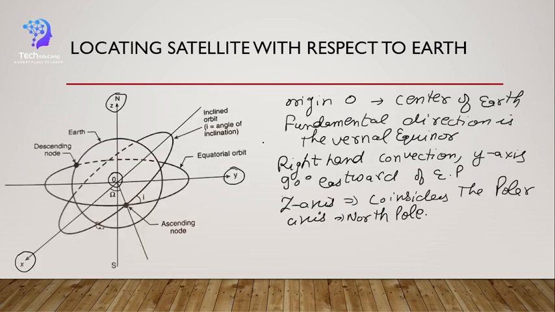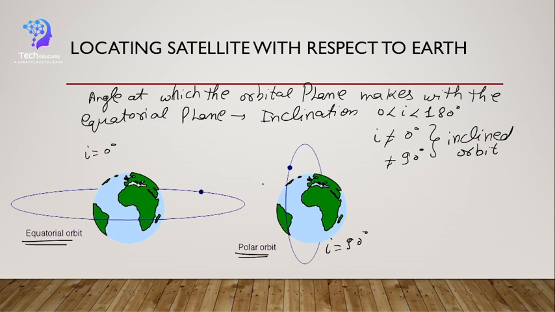As you can see in this image, this is the inclined orbit, whose angle with the equatorial plane, or the fundamental plane, is neither 0 nor 90 degrees. I hope you understand this much.